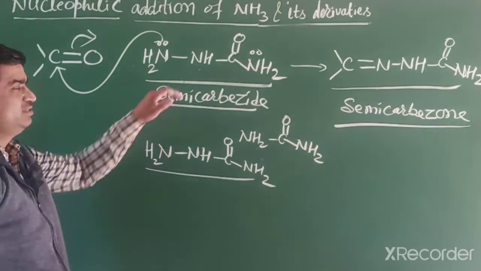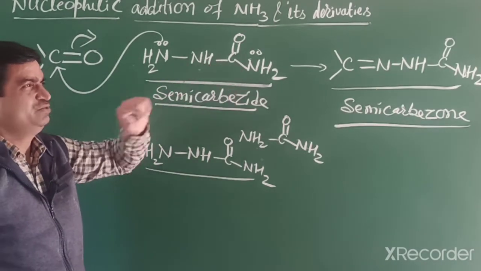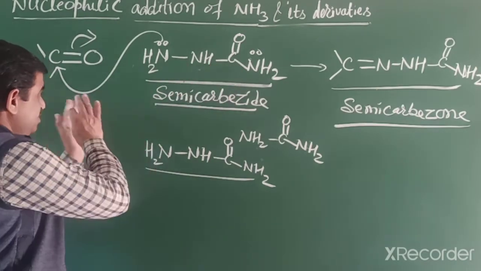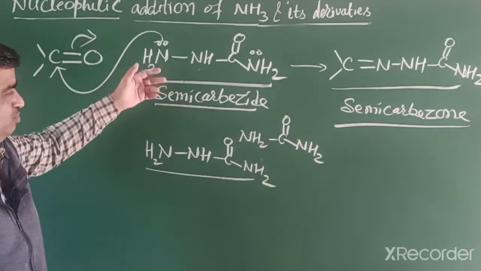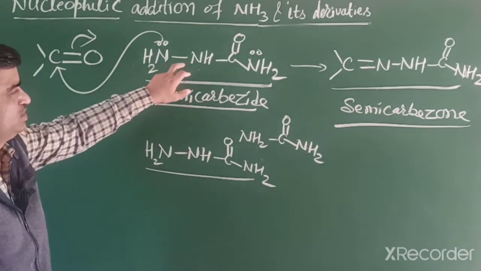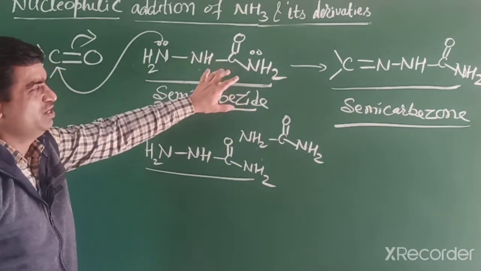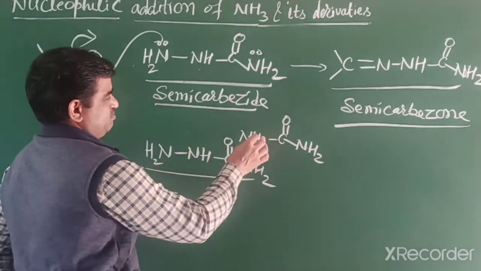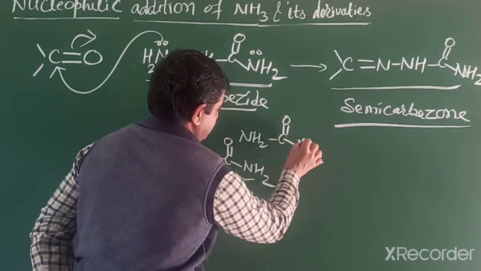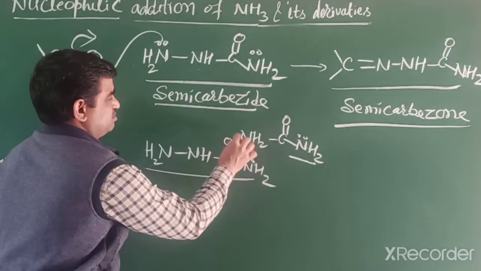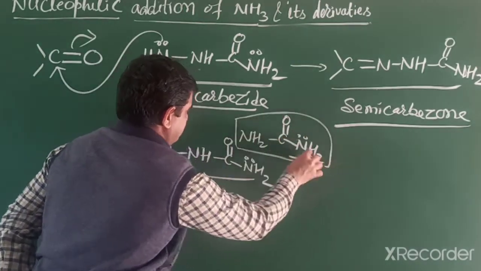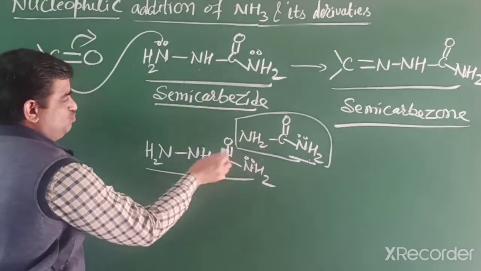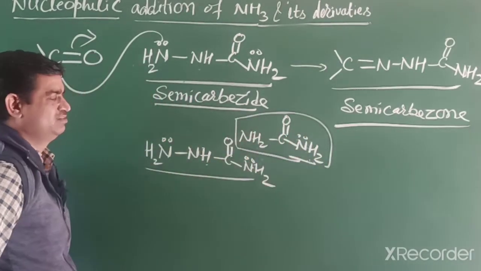A reasoning question asked by CBSE: although semicarbazide has two NH2 groups, why does only one participate? Why does this side NH2 not participate in the reaction?